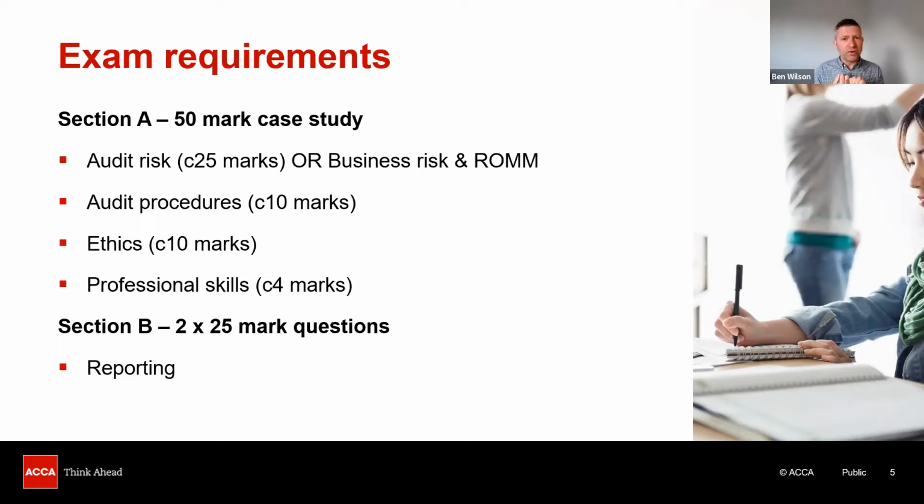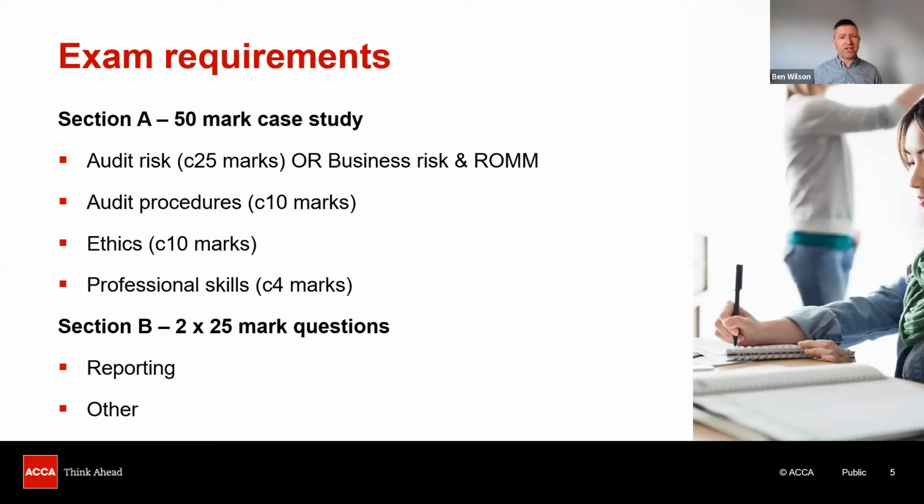If management aren't following relevant accounting standards, IFRS, you'd need to report it to them because they might not know about it. If there is any kind of ethical situation happening that the auditors have put in place safeguards to protect against, we'd need to report it. So anything interesting in the scenario, we would report to those charged with governance and explain why we're doing so.